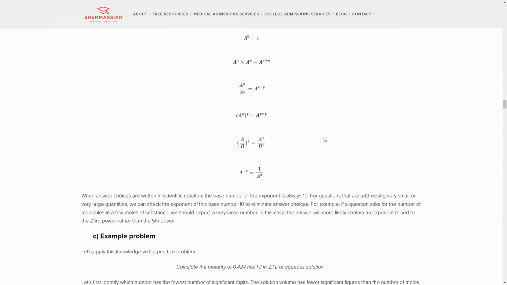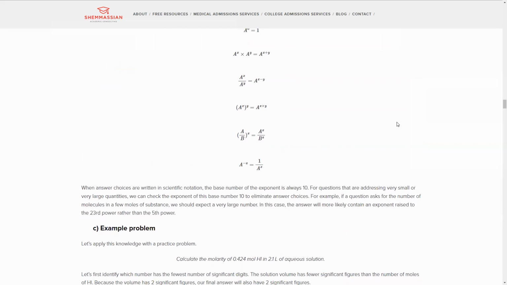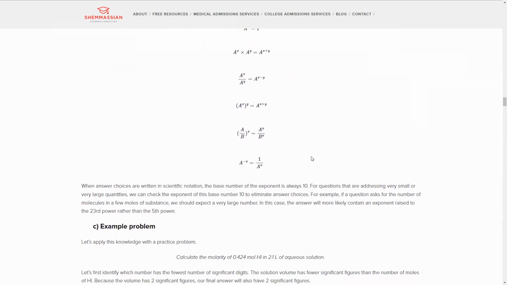Okay, so let's do another problem. Calculate the molarity of 0.424 moles HI in 2.1 liters of aqueous solution, right? So again, we do our same strategy. What have we been given? What do we want to get?